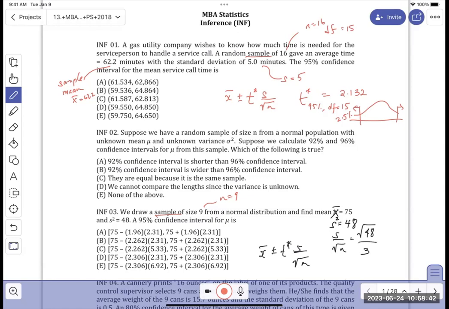Because they give you S squared, it's 48 divided by 3. Let's see what it gives you.